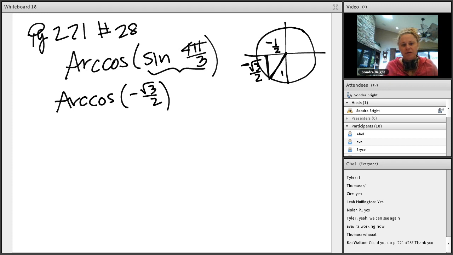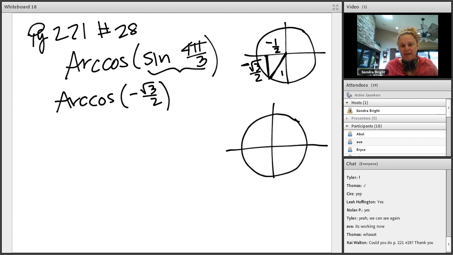All right, now arc cosine is a rainbow, meaning that you're restricted between 0 and pi in giving answers. So you can't just give me a quadrant 3 angle. Instead, you're going to give me this one in quadrant 2, since it's negative.